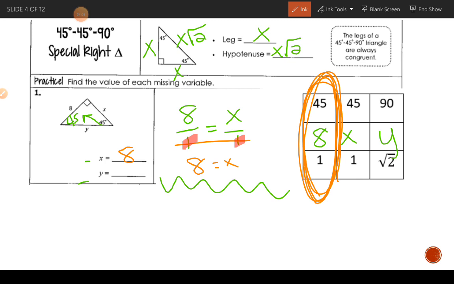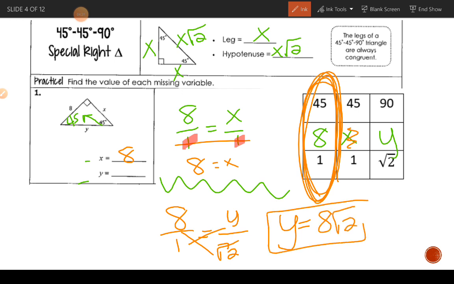If we mess something up with x, we don't want to use that messed up number. So always go back to what you know. So 8 over 1 is equal to y over radical 2. And then again, you would just cross multiply. 1 times y is y. 8 times radical 2 would be 8 radical 2. And that right there would be our answer, okay?